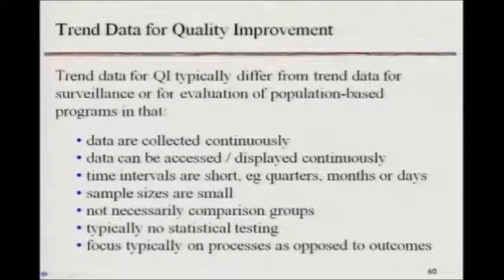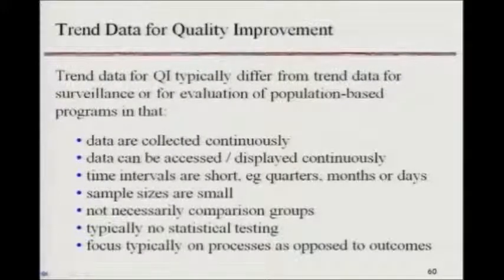I'm just raising these as issues to think about, because that's what I'm thinking about. The next point is that the data can be accessed, analyzed and displayed continuously, which at least in my state certainly is not true with birth certificate data.